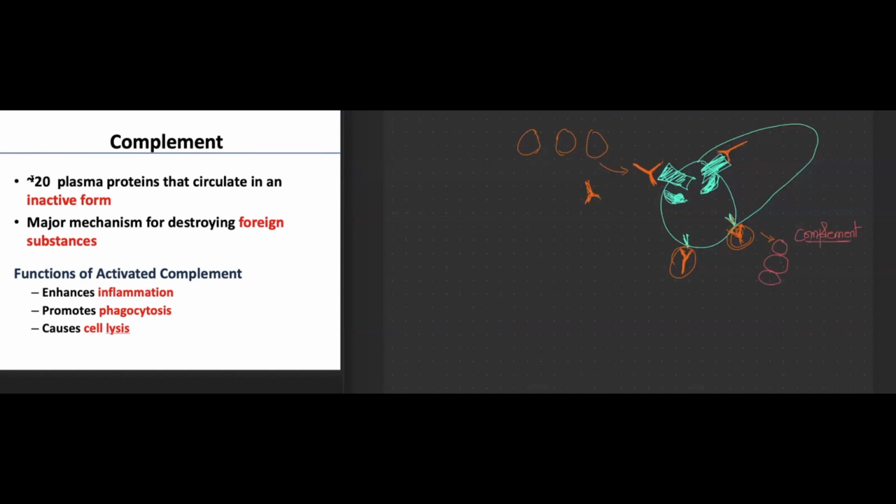Those complement proteins are 20 plasma proteins that, once you've got an antigen-antibody complex, will start to become activated and will cluster together, forming channels that will be penetrating the cell membrane of the bacteria like this.